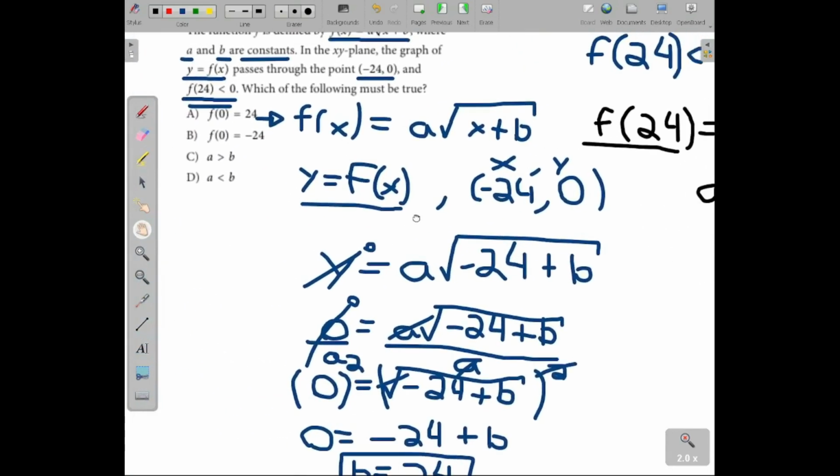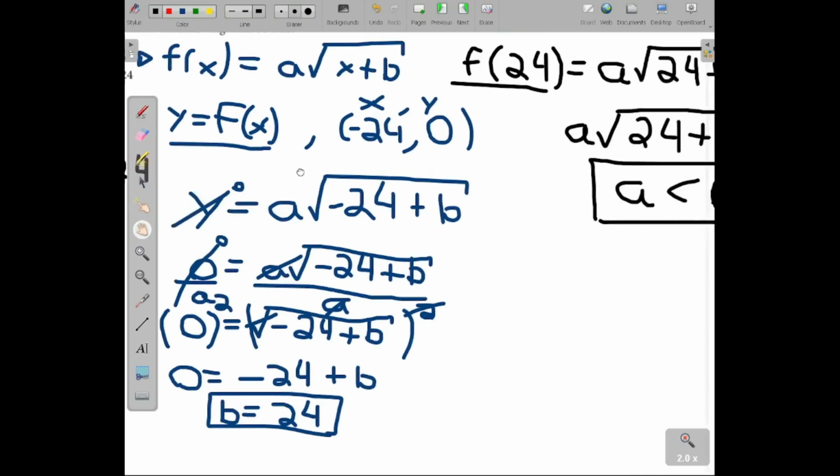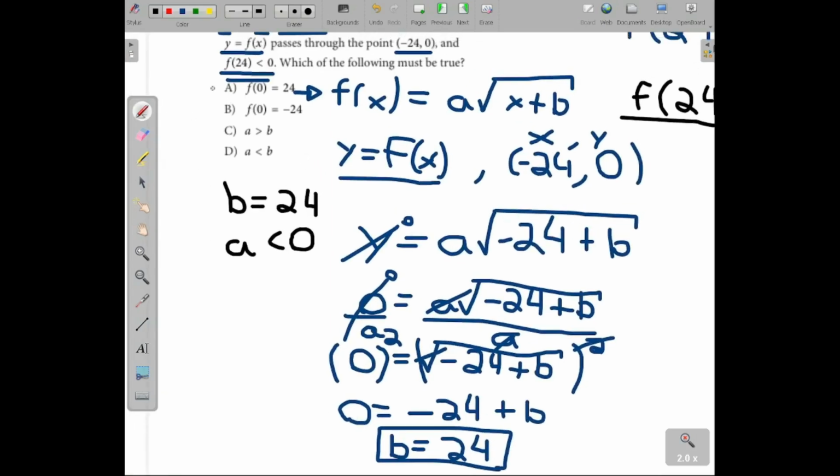Now let's look at the answer choices. We got that b is equal to 24 and a has to be less than 0. So we cannot determine a or b, but there's a relationship between a and b.